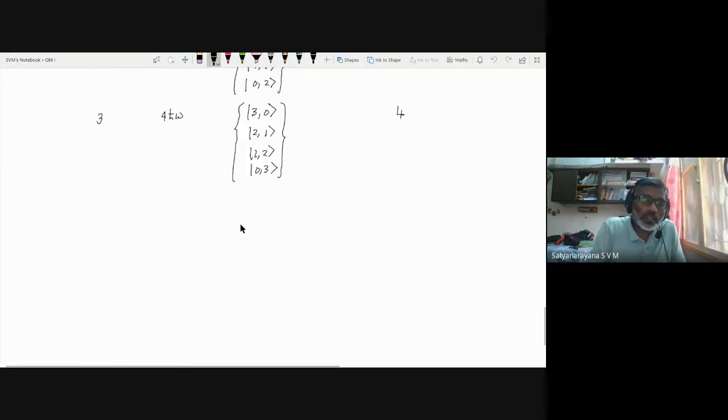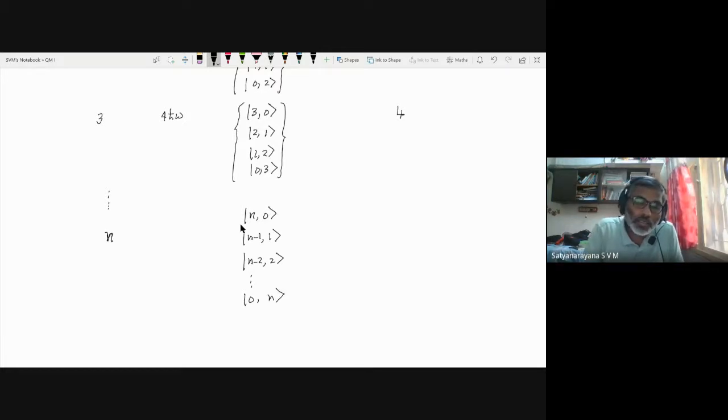Now you can see that you can generalize this. If you have some arbitrary n, then you can have the n,0 state, and n minus 1,1, n minus 2,2, and so on up to 0,n. So the first number starts from n, n minus 1, n minus 2, and goes up to 0.